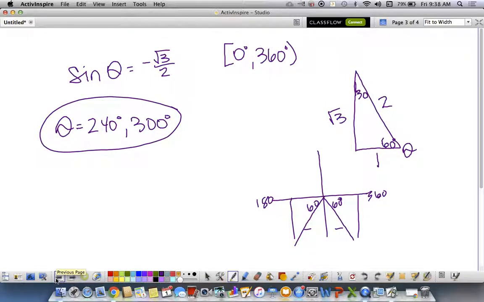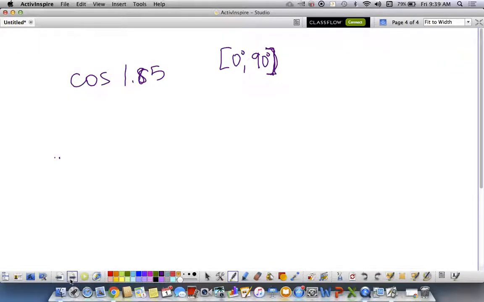What did we plug in our calculators? Degrees. If there are no units, what are we in? All of a sudden, radian mode matters. So we are actually at 1.85 radians. So we're more than 90 degrees. That's why this is on my way. You asked me, and I'm like, oh, sure. But that does not need to be there.